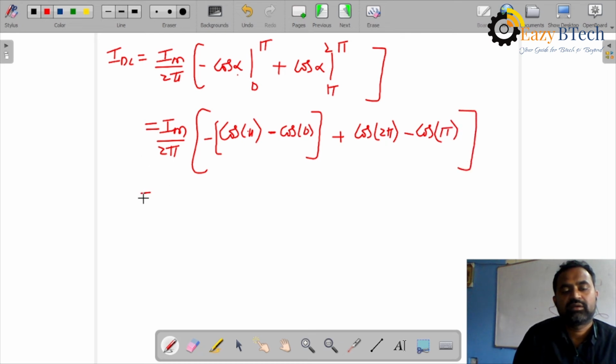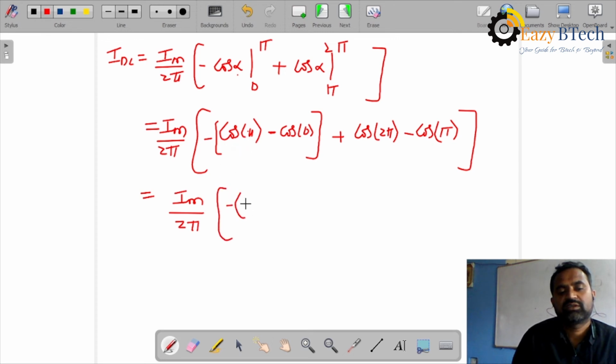I will get Im by 2 pi. Here you will get cos pi is minus 1, minus of minus 1, minus cos 0 is 1, plus here cos 2 pi is 1, minus cos pi is minus 1, minus into minus plus 1.